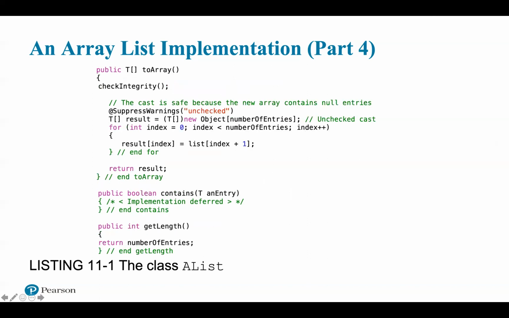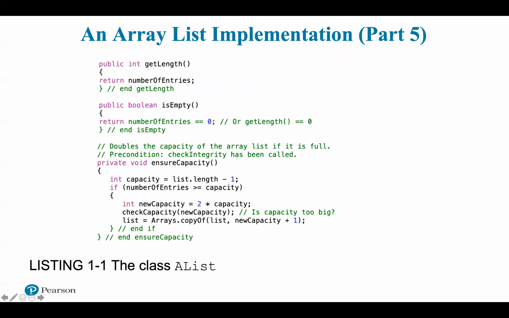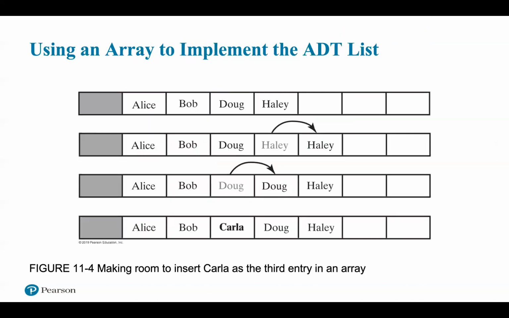Okay, just a little bit more detail as we're going through that list, and I'll just continue on from there. So let's talk about using an array to implement an ADT list. In this figure, we're showing how to make room to insert Carla as the third entry in the array.